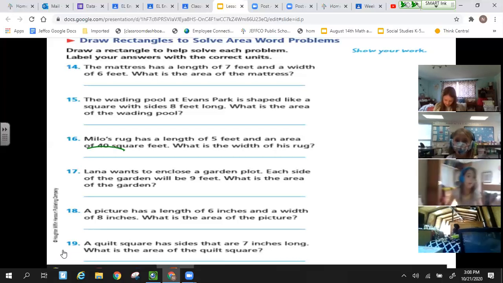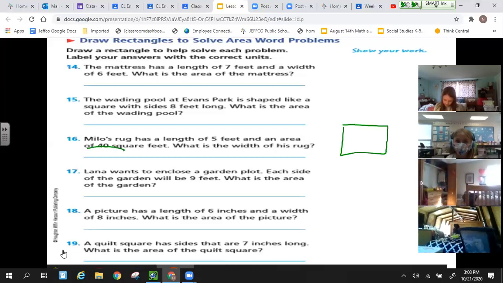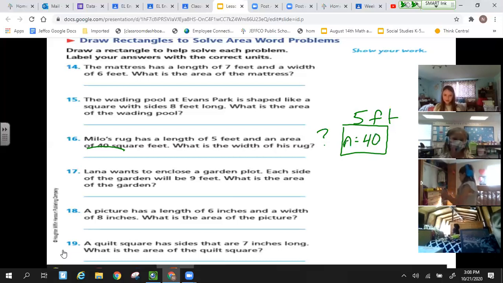Here is the rectangle. I know that the length is 5 feet. I do not know what the width is, but I know that the inside equals 40. Does anybody have an idea of how I could find the width of this rectangle?